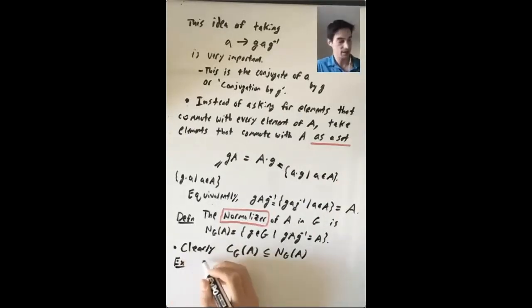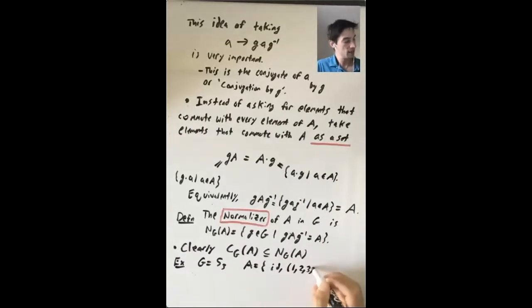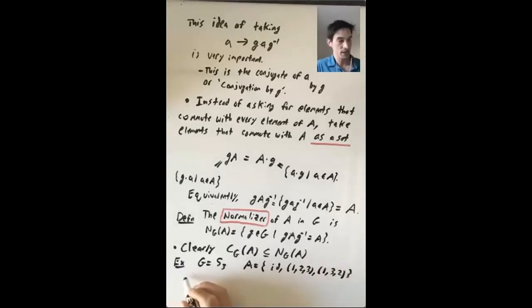So if we take G equals S3, and we take A to be the identity permutation, the cycle (1 2 3), and the cycle (1 3 2). What is the centralizer?